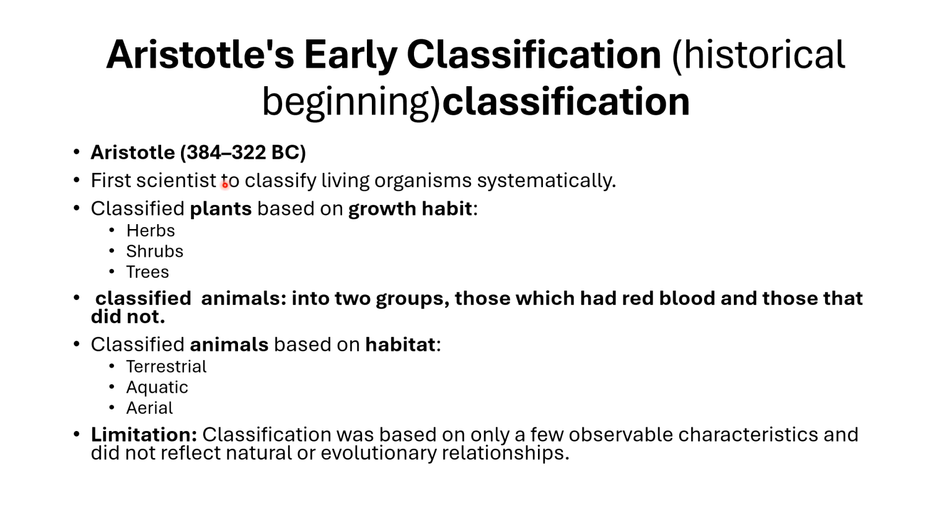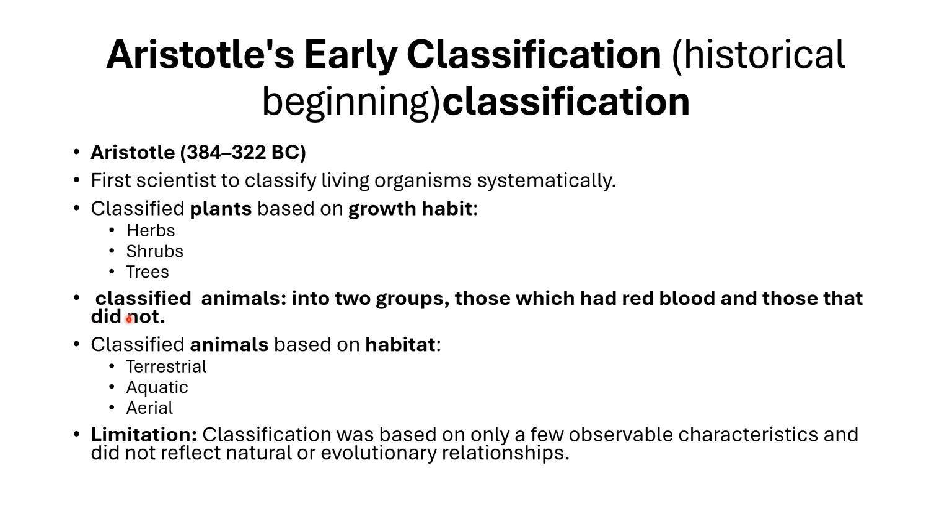So the first scientific classification was given by Aristotle. Very important point. What did he do? He picked up very few observable characters and classified plants based on growth habit, such as herbs, shrubs, and trees. And he classified animals into two groups, those which had red blood and those which did not.